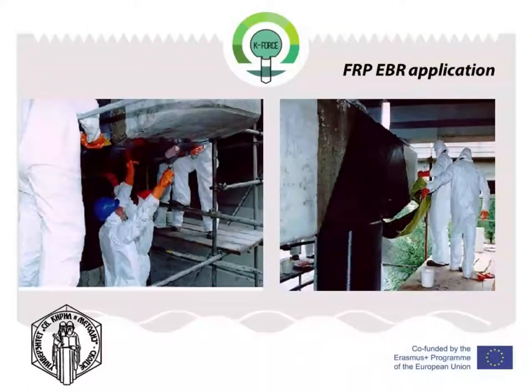Then the sheet is applied by pressing it manually onto the adhesive in such a way that it is stretched without introduction of voids. Impregnation and further pressing is performed by applying adhesive on top of the sheet with a roller brush, and this process is known as overcoating. The final bond line should be of equal thickness along the sheet.